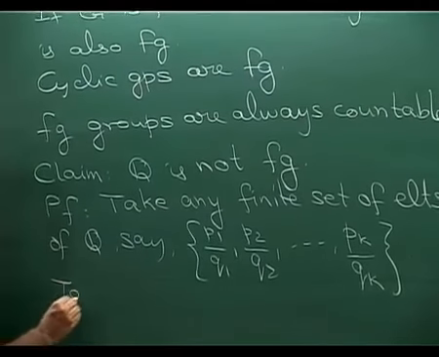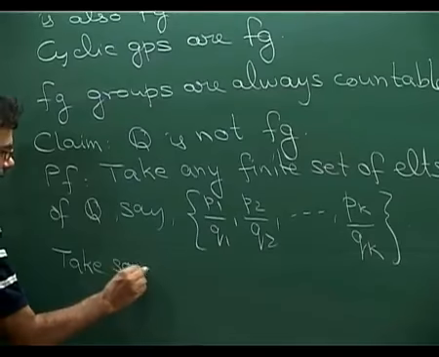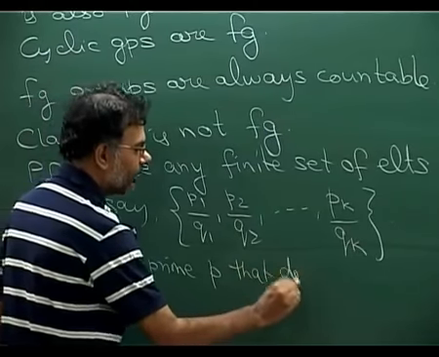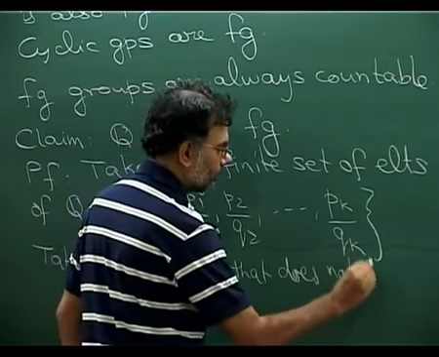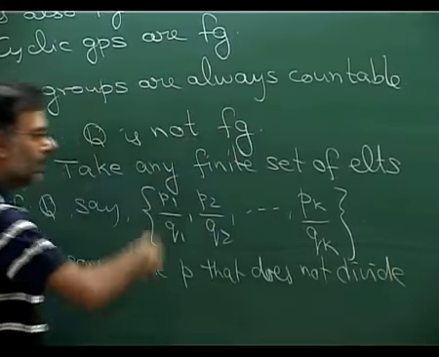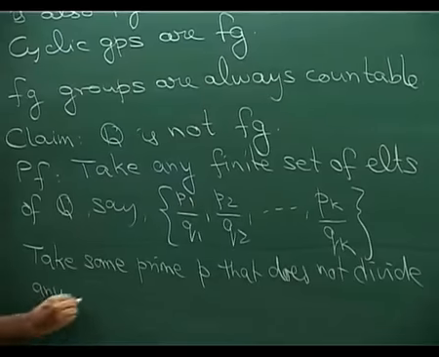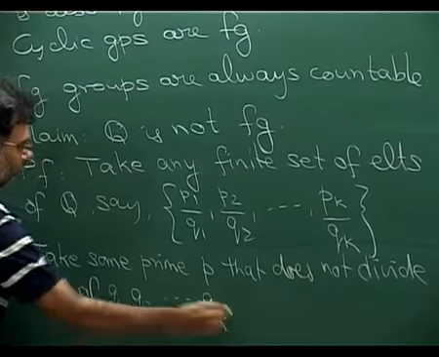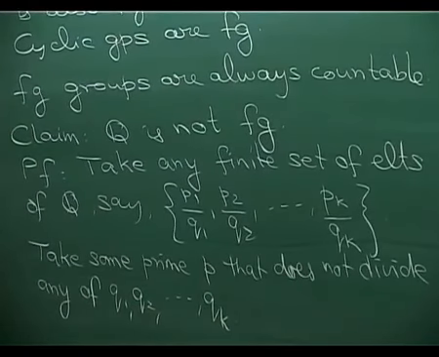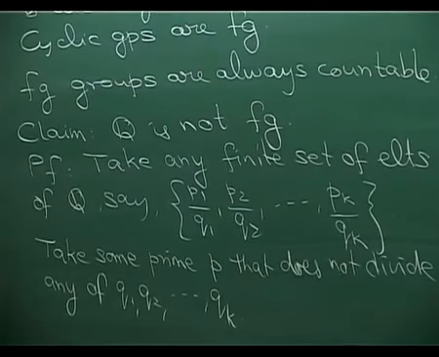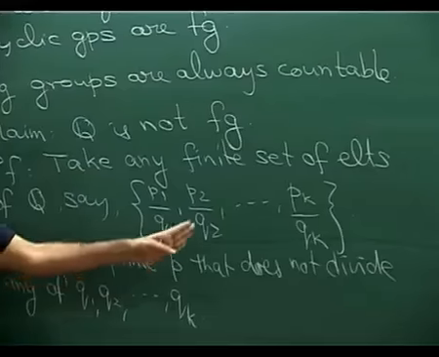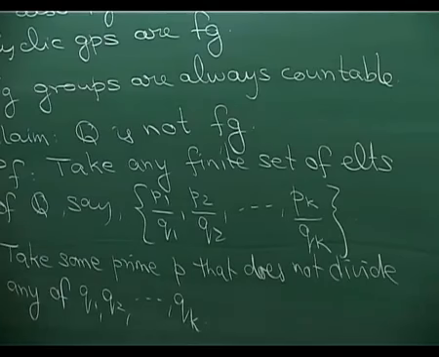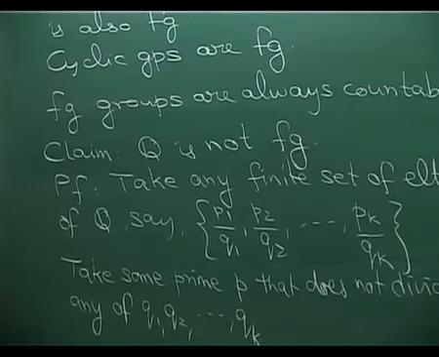So take some prime P that does not divide any of Q1 up to Qk. Right? So take any prime number which doesn't divide any of those. We know that that's possible. There are an infinite number of primes. Only finitely many divide this, only finitely many divide this, only finitely many divide this, and there are totally only finitely many of those. So of those infinitely many primes, pick one which doesn't divide any of the Q1 up to Qk.